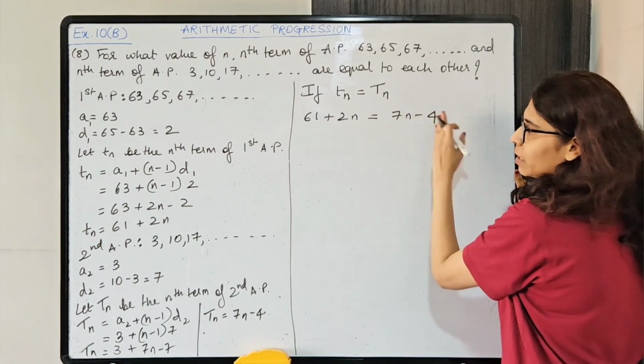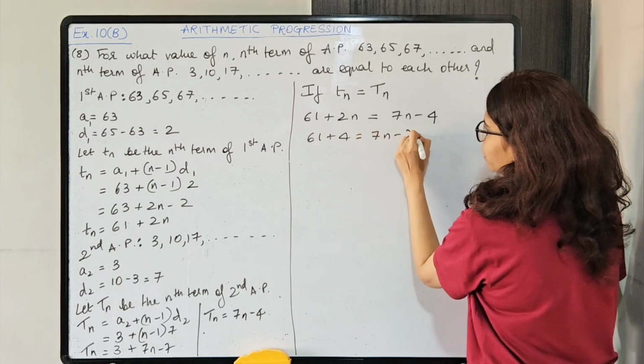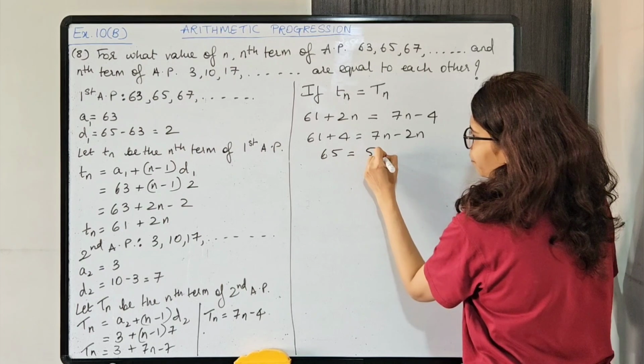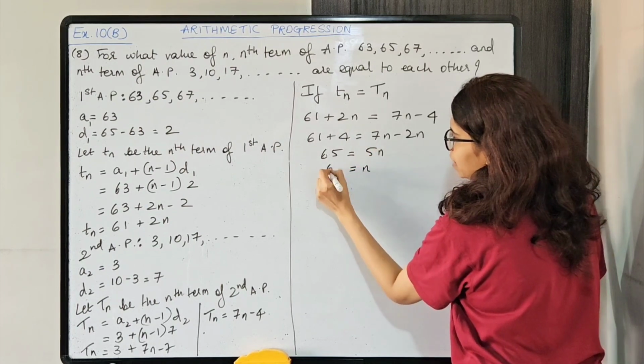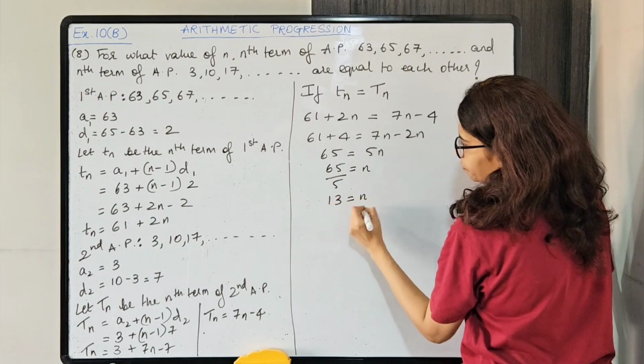Let's group n together and numbers together. 61 plus 4 is equal to 7n minus 2n. That will give 65 is equal to 5n. So n is equal to 65 upon 5. That gives 13.